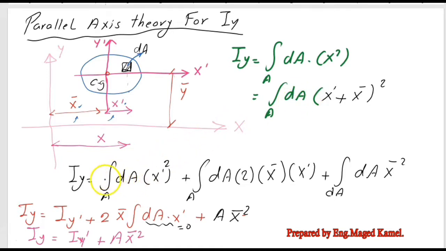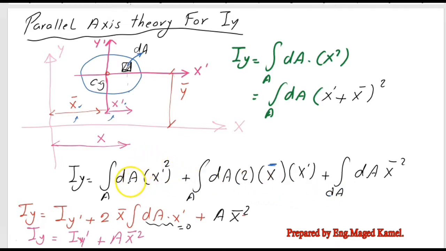So the IY is a summation of the integration of dA multiplied by x dash squared, plus the integration of dA by 2 x bar x dash, plus the integration of dA multiplied by x bar squared. And all this dA means perform the multiplication of the integration by the square of the distance.